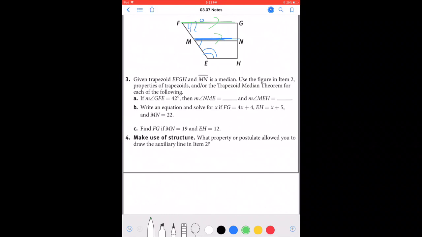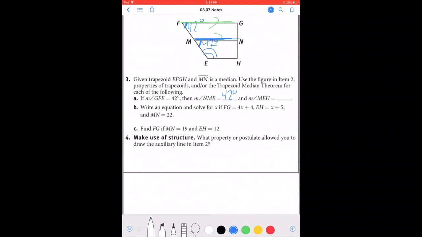So we can use our corresponding angles postulate, which says if two lines are parallel and a transversal cuts them, then the corresponding angles will be congruent. So this angle right here is corresponding to this angle right here. So that means both of these are 42. So we can go in and write 42 for this.